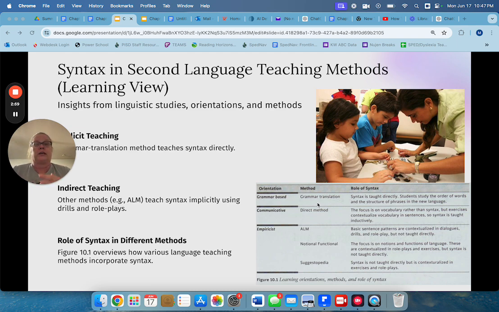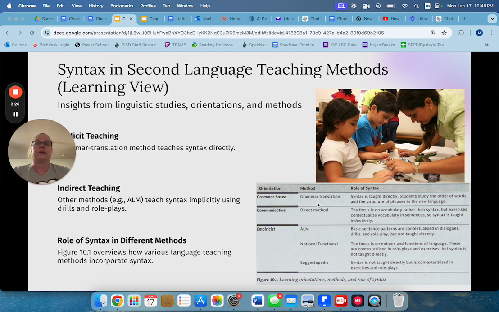The direct method is more of a communicative-based learning method, and it focuses directly on vocabulary rather than the syntax. But it does put the vocabulary into sentences, so syntax is taught indirectly.